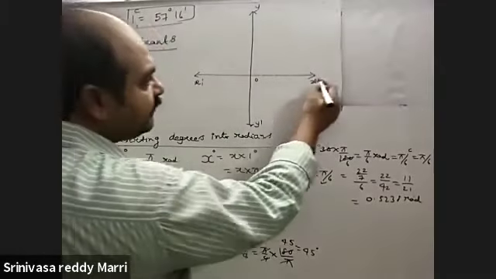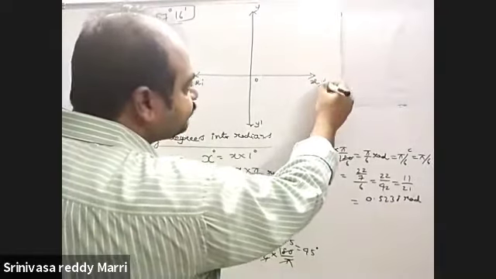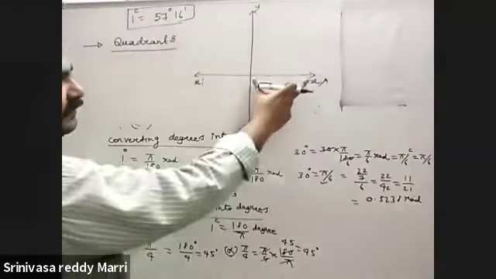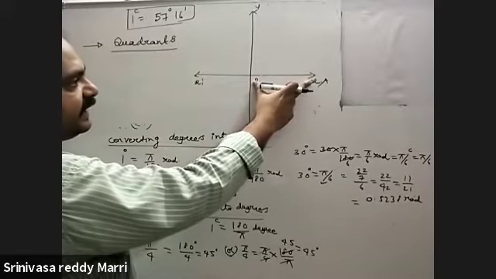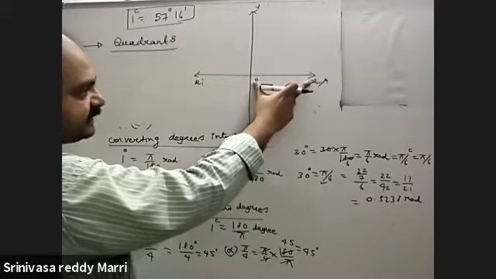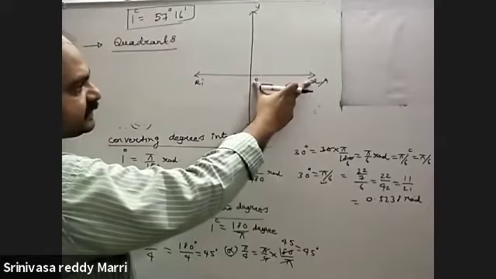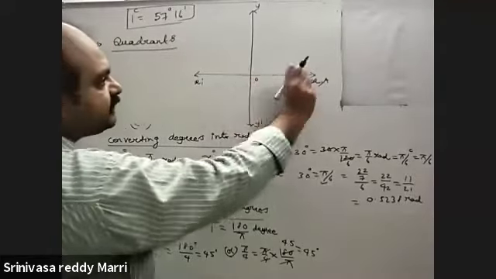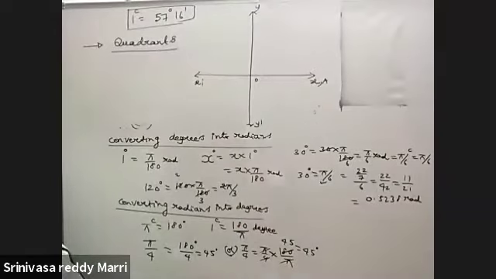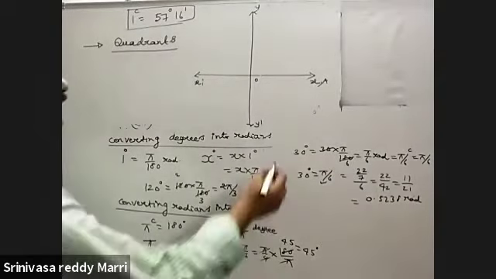Look at, always we will take the initial ray OA as the positive x-axis. Now always we will measure with the positive x-axis. Suppose you want to measure an angle of 30 degree.